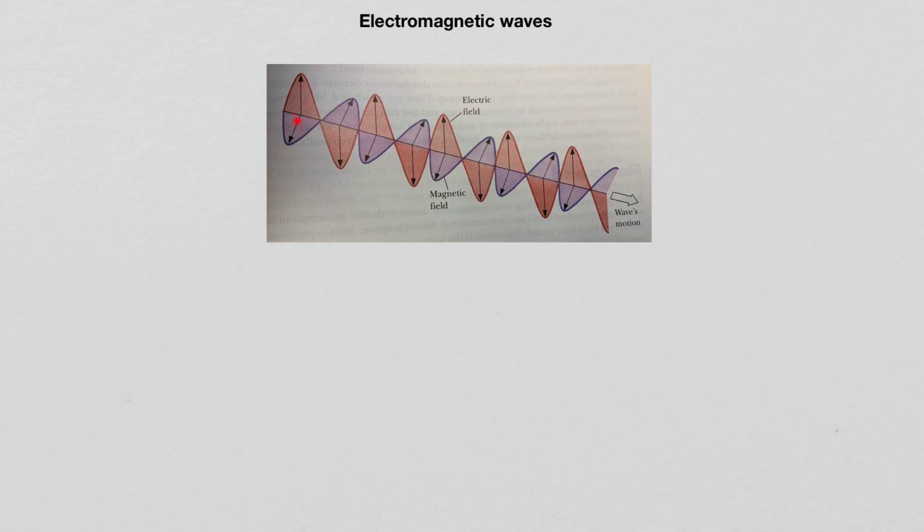So the two fields are perpendicular to each other. And as you can see, as the electric field oscillates, so does the magnetic field. And so the two fields combine and propagate together in that direction in this particular example, and the combination of the two fields is the electromagnetic wave. Again, those two fields were generated by some moving charged particle.